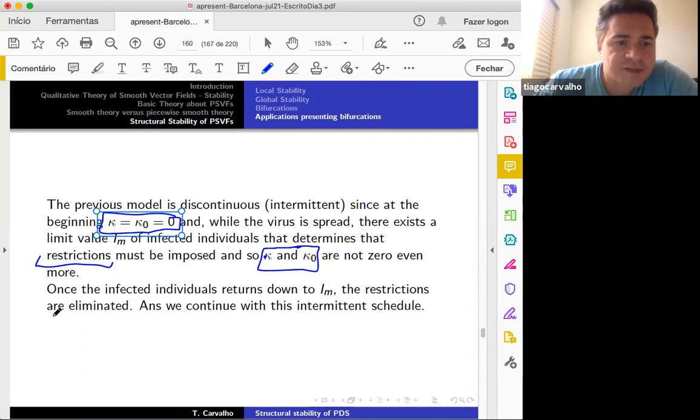The restrictions will be imposed when the number of infected individuals is equal to a value IM.